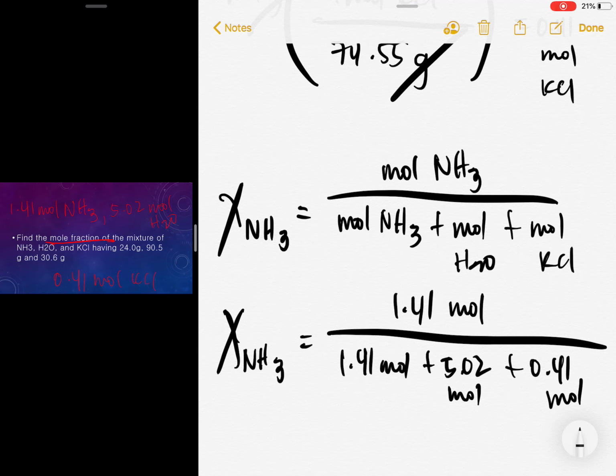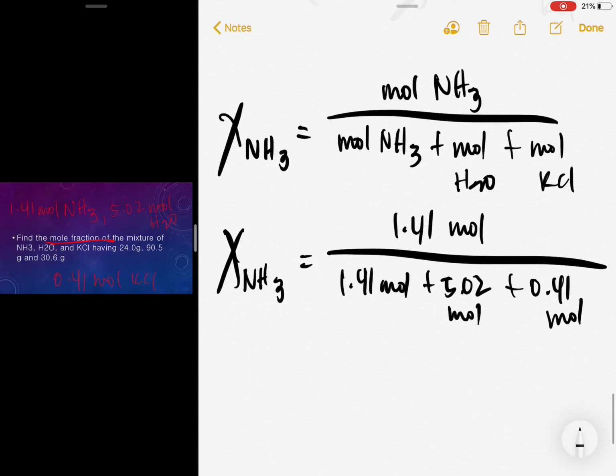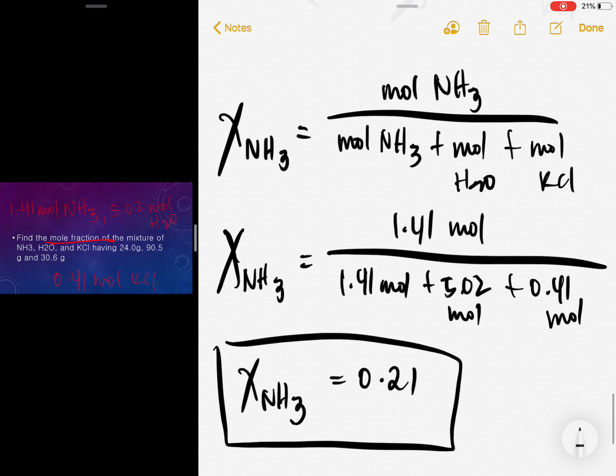Now, input that in your calculators. 1.41 plus 5.02 plus 0.41 is now equal to 0.21. May unit po ba ang ating mole fraction? Wala po. It's unitless kasi magka-cancel yung mga mole.